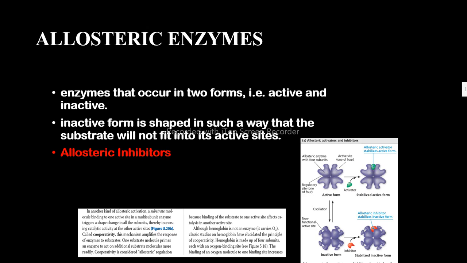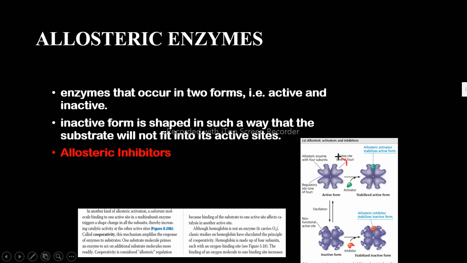So for example, have a look at this. You have an enzyme, and that is the shape of the enzyme. You must have an activator that will bind somewhere, so that you stabilize the enzyme in an active form, or in a form that can carry out catalysis.